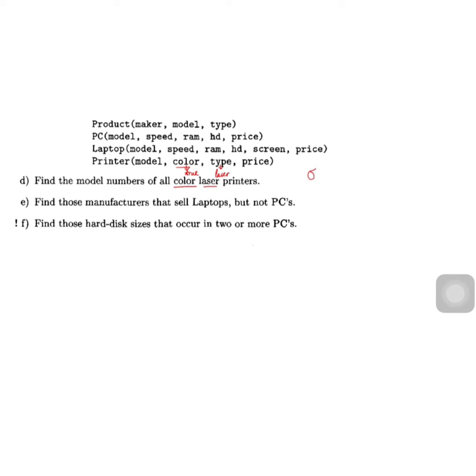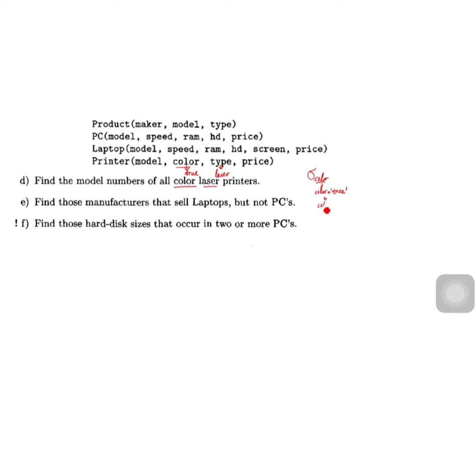sigma. Okay, if we write two conditions, we'll use logical AND. Color. Okay, color is true because color is bool, so color means color is true. You can write like this.